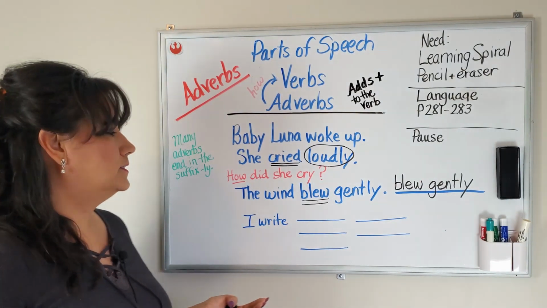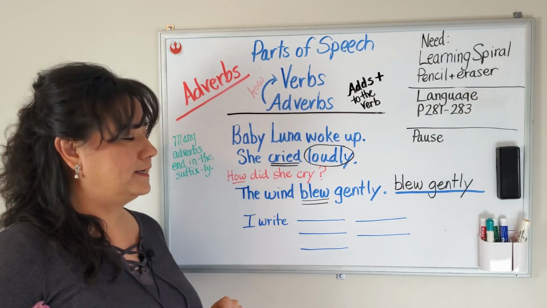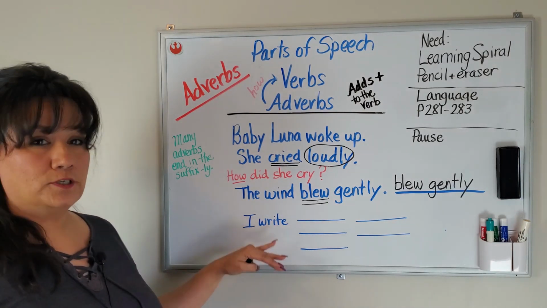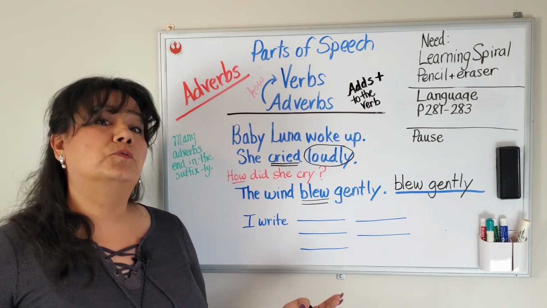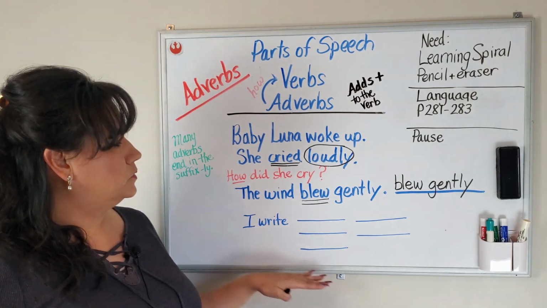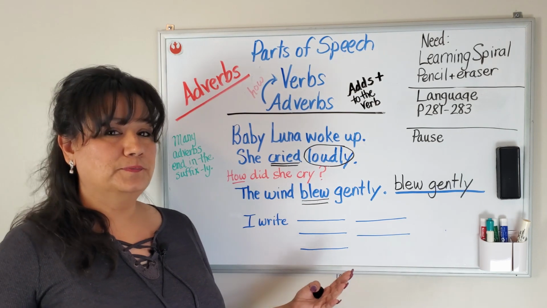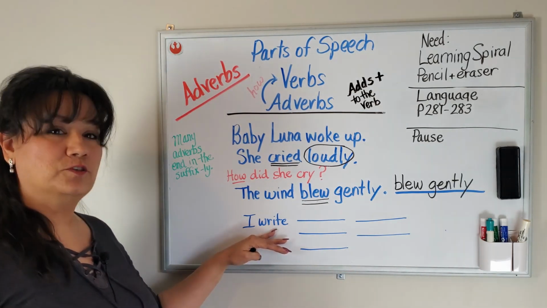So I want to talk a little bit about how you write, because you've been doing a lot of writing and you have a lot of choices. Write, of course, is a verb. That's an action that you're doing, but how are you writing? So we're going to use these spaces to write a couple of adverbs, which describe the way you write.